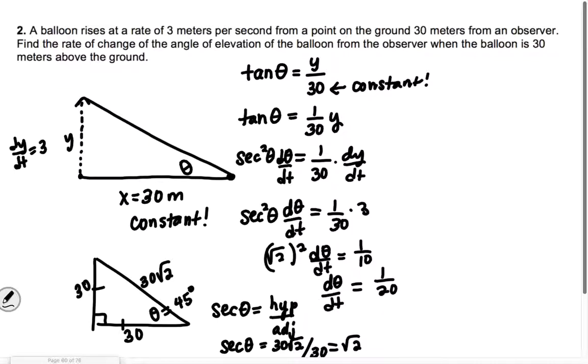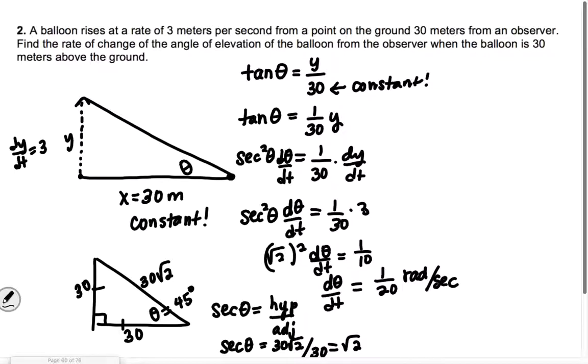So what are the units? It's a non-unit, right? If you check all of your units as you go through the problem, this was just a number. Your 1 over 30, this was something with meters. No, it would be radians per second.